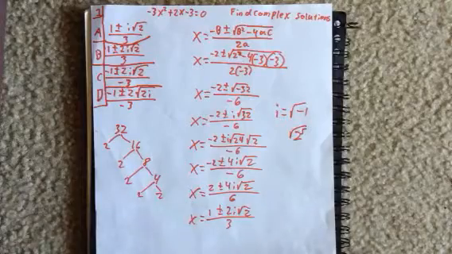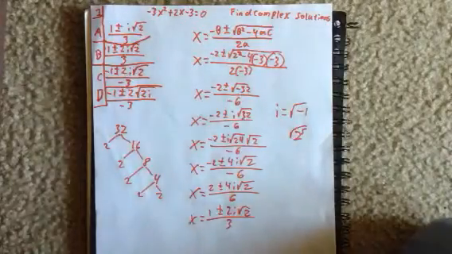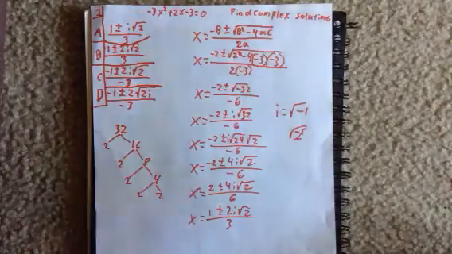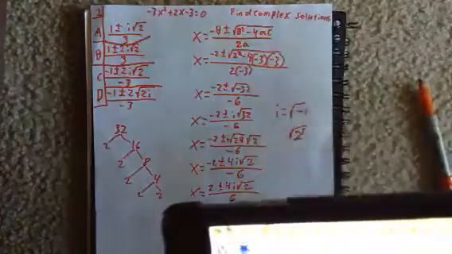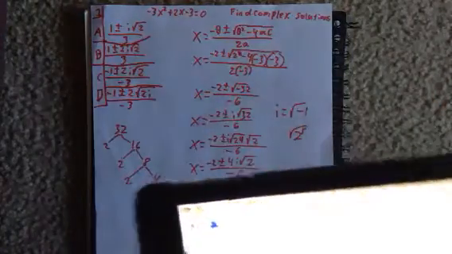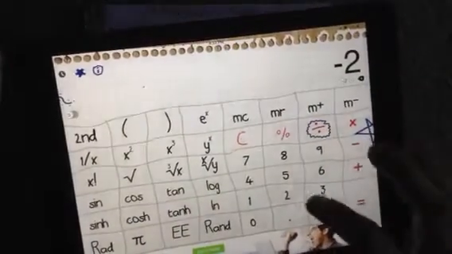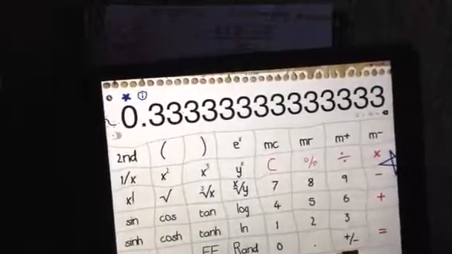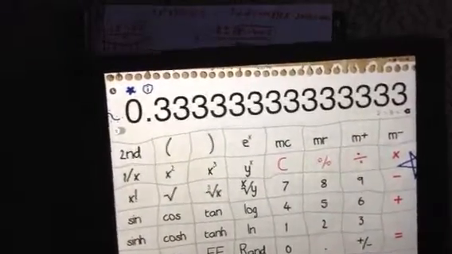Now I'm going to simplify a bit more and get rid of the negatives. To do that, I look at what I could replace them with. I see that I have a negative 2 over negative 6, and negative 2 divided by negative 6 equals 0.33, which is the same as 2 over 6.